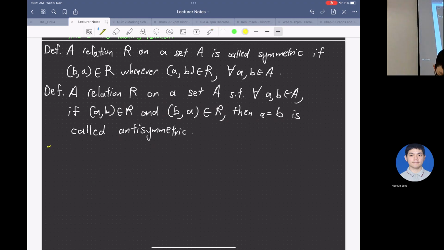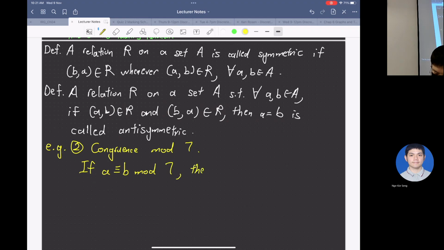Okay, let's see some examples. So, for example, the congruence mod 7. So the question is, if A is congruent to B mod 7, then B is congruent to A mod 7. Is this true?